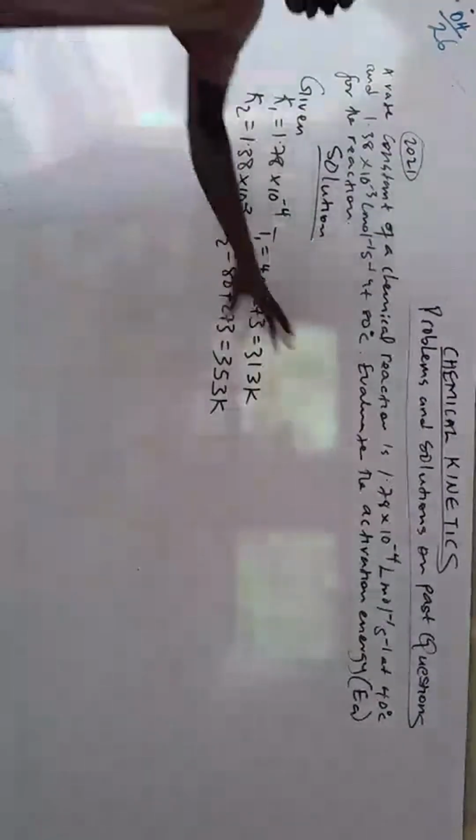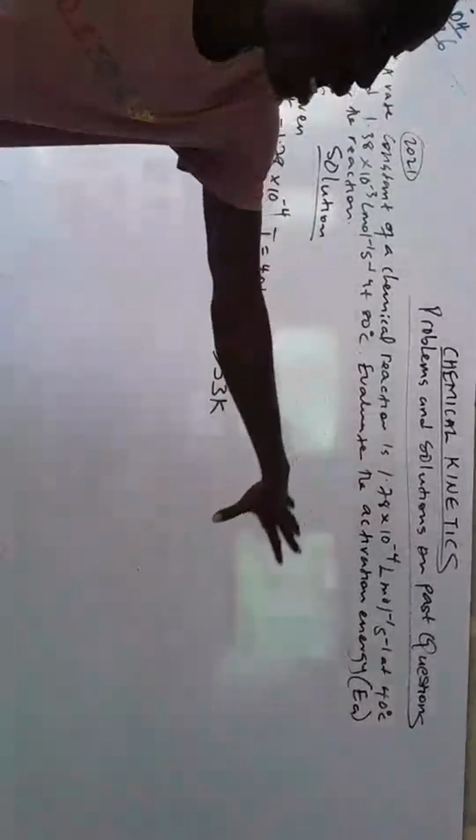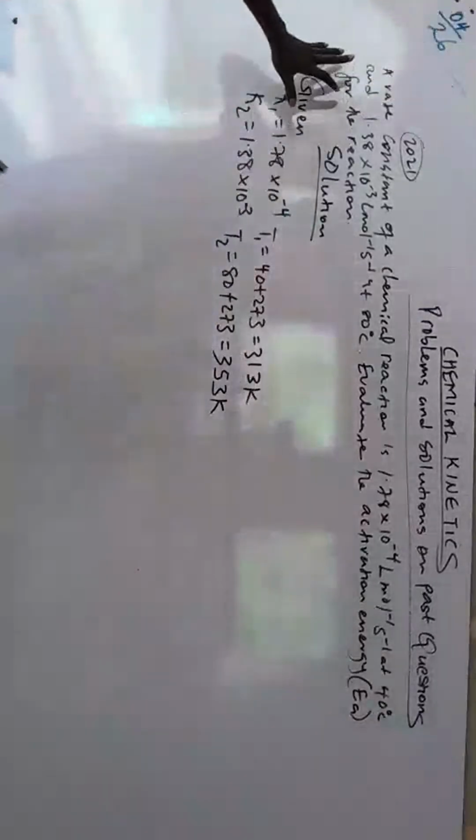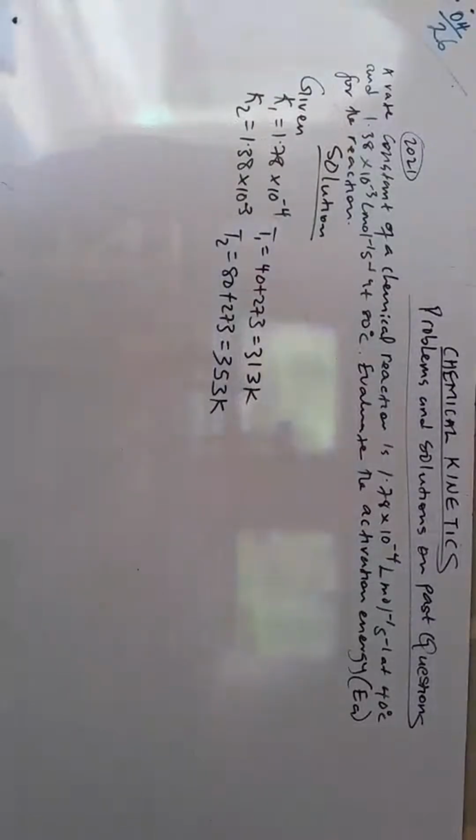Now, the question says evaluate the activation energy for the reaction. So the question asks you to calculate the activation energy for this reaction. In order to solve this problem, you need to apply the usual formula we normally use.